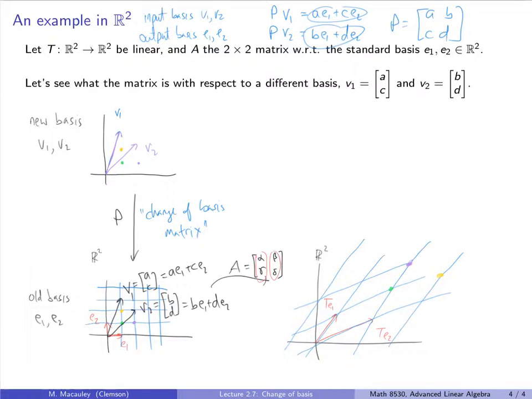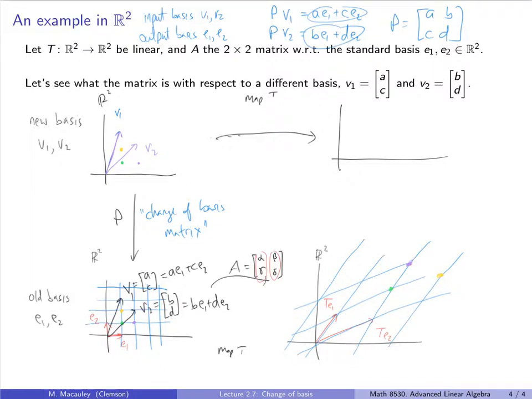So now we're up here in R2, and we are ignoring the coordinate system. It's easy to get confused. Just focus on the dots. And let's apply the map T. I said A, but really this is the linear map T. Both of these are the linear map T, just in matrix form, and we'll figure out what the matrix form is up here.